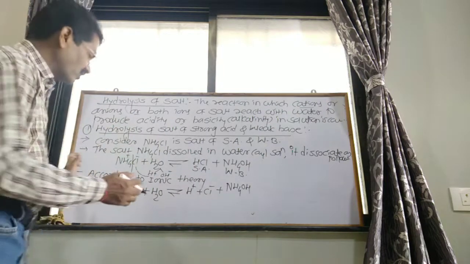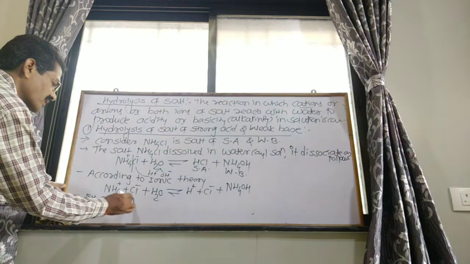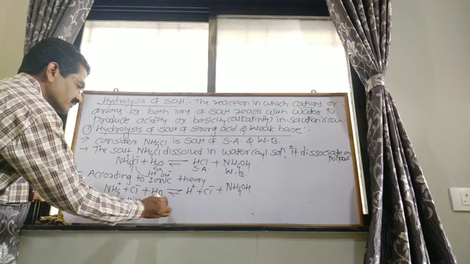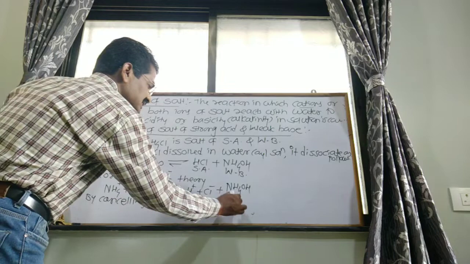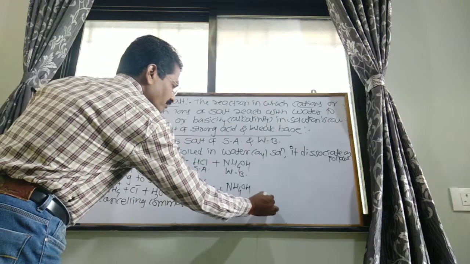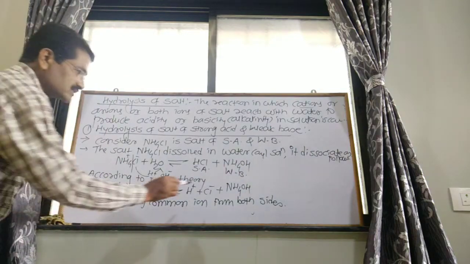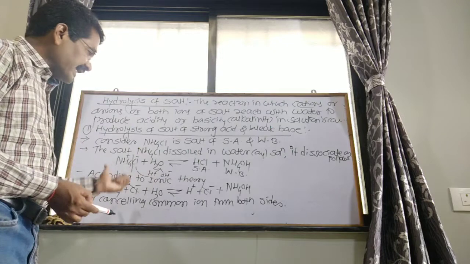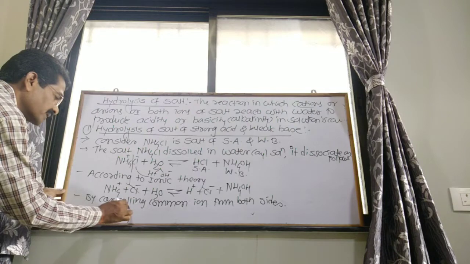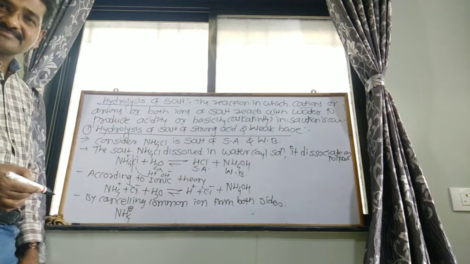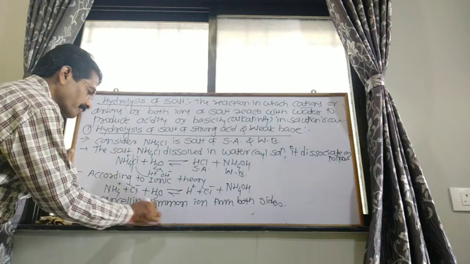By cancelling the common ion from both sides, such as chlorine minus, after cancelling them it gives NH4 plus, the ammonium ion, which possesses a positive charge, that is a cation, plus H2O, water.